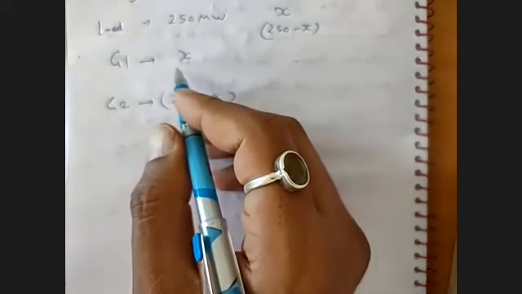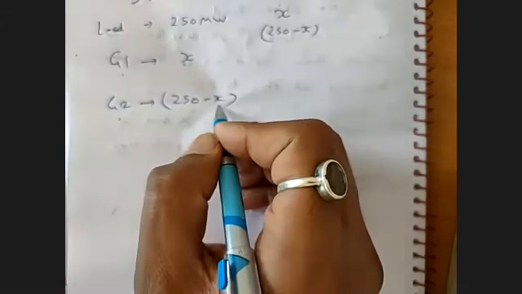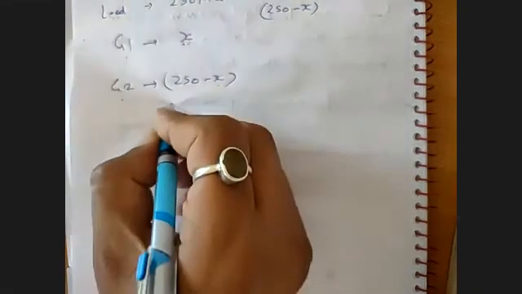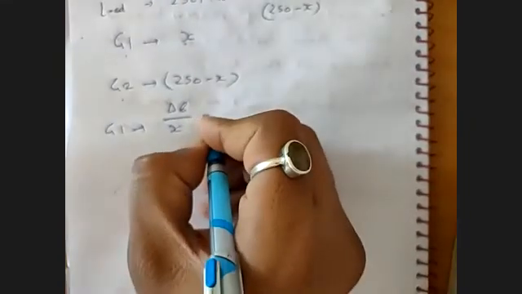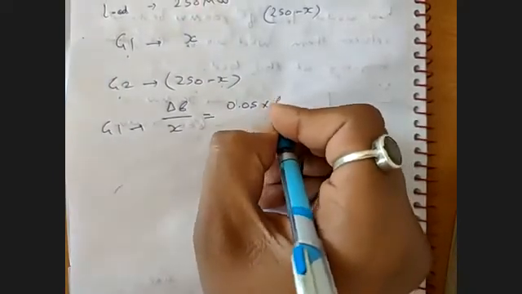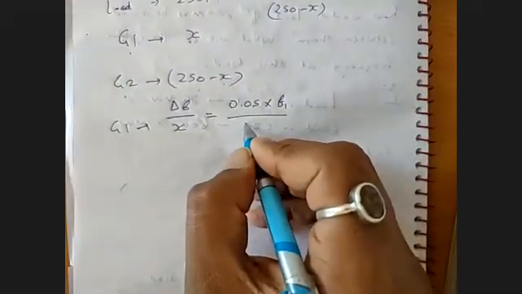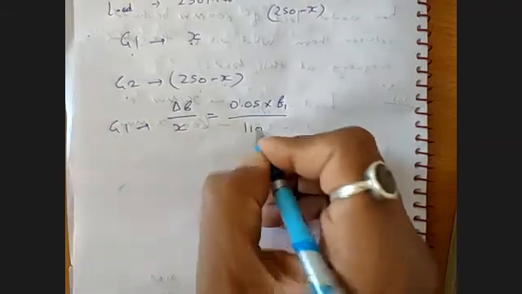So we will consider the load by generator 1 as X, and the load by the second will be 250 minus X. If we do as we have done in the previous case, delta F by X for generator 1 will be equal to 0.05 into frequency at full load. It is not specified, so I will take it as F1, divided by rating, that is 110.